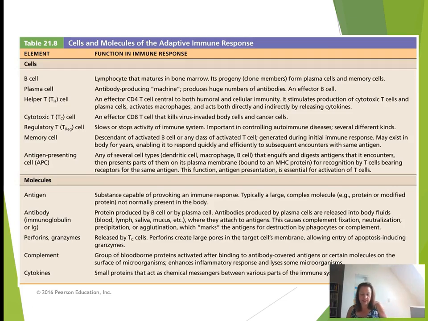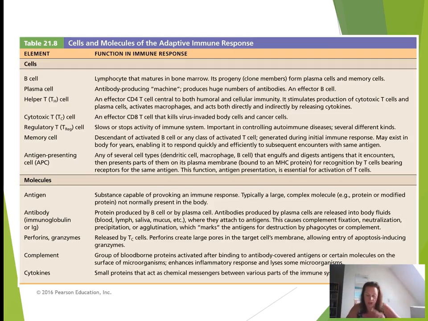So the effector T cells are when we have an active infection, and the helper T cells stimulate the proliferation of other T cells and B cells that already have become bound to an antigen. The cytotoxic T cells, and then the regulatory T cells. So the three: helper, cytotoxic, and regulatory T cells, again, with their definitions.